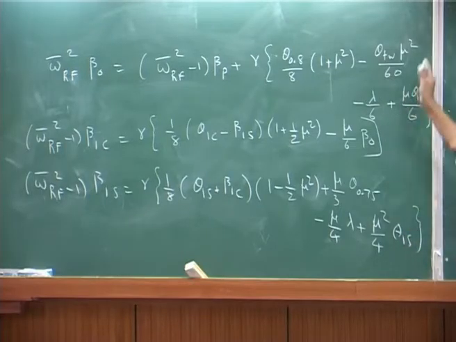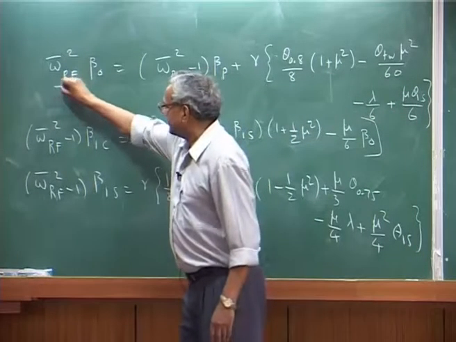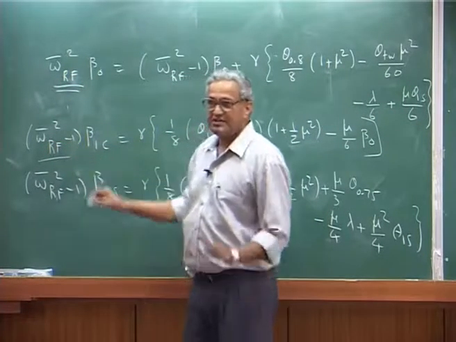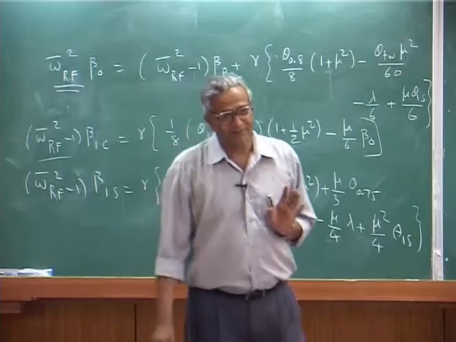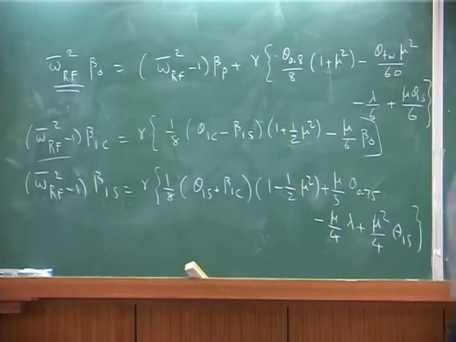You will see there is a modification in the beta naught, beta 1c, beta 1s because of the change in the flap frequency. Now, you have to solve this equation to get your beta naught, beta 1c, beta 1s.